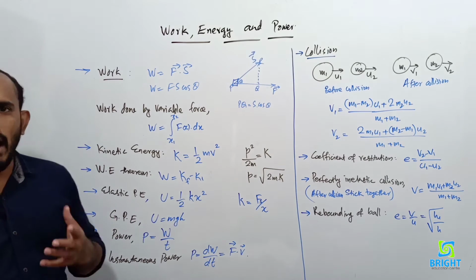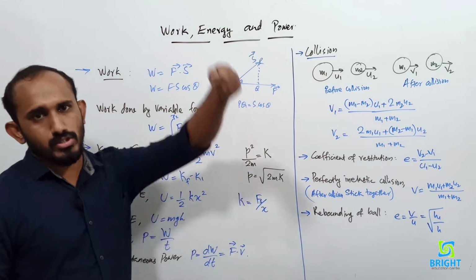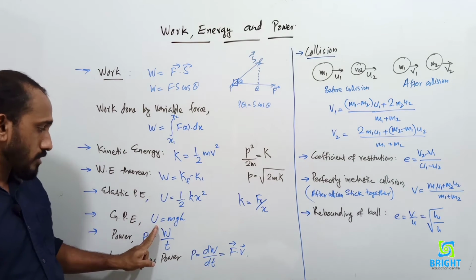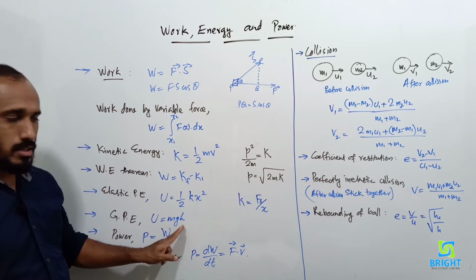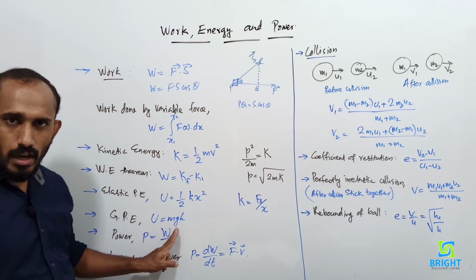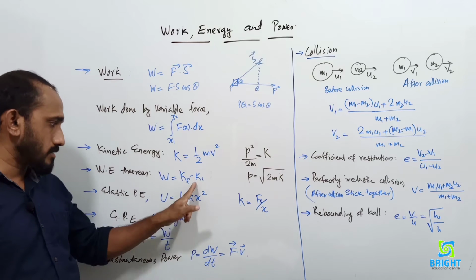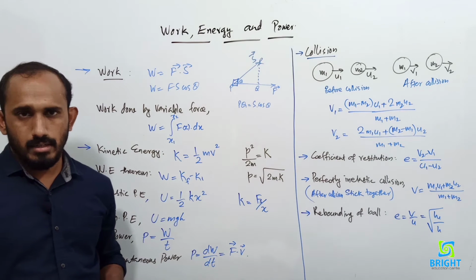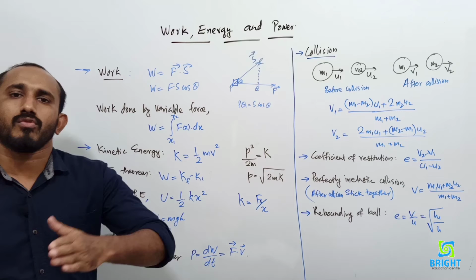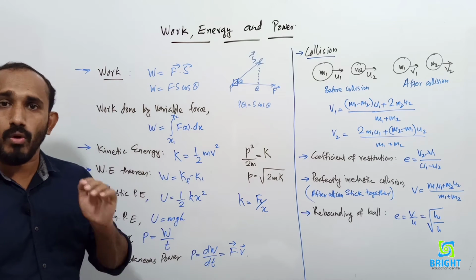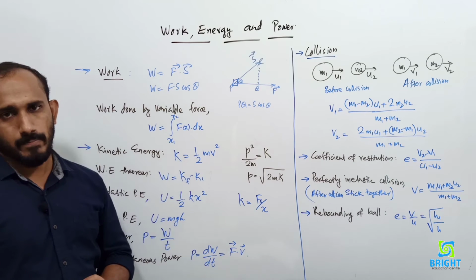Now, against the gravitational force, if you lift any object to a height h, then there will be gravitational potential energy. U is equal to mgh, mass into acceleration due to gravity into the height to which it is lifted. In these 2 cases, the work done against the spring force or against the gravitational force is converted to energy. So work is equal to energy, we can say.